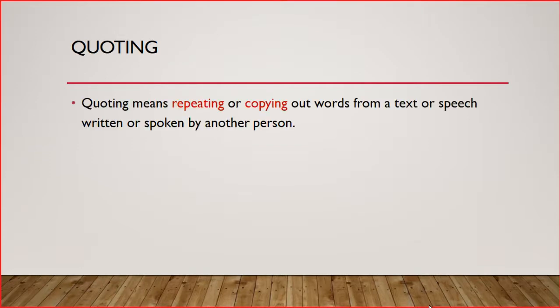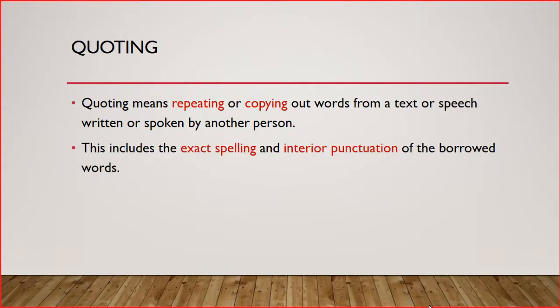So now let's go for quoting. Quoting means repeating or copying out words from a text or speech written or spoken by another person. This includes the exact spelling and interior punctuation of the borrowed words.